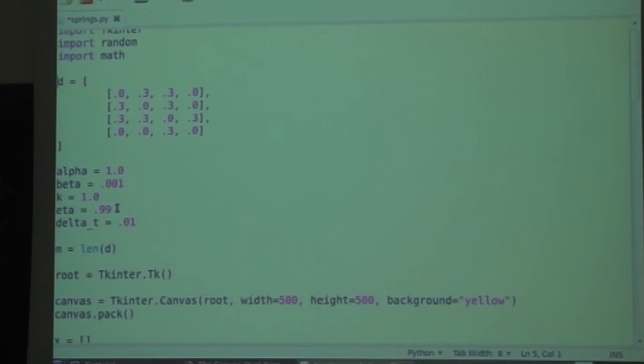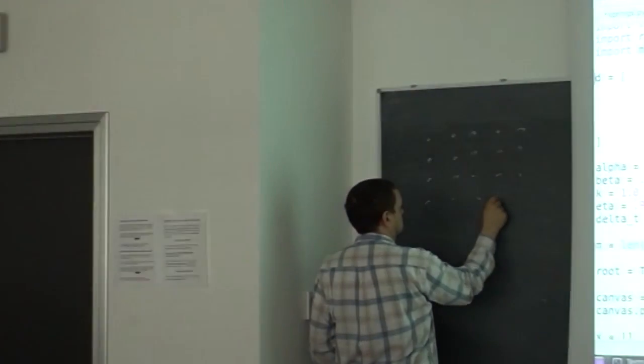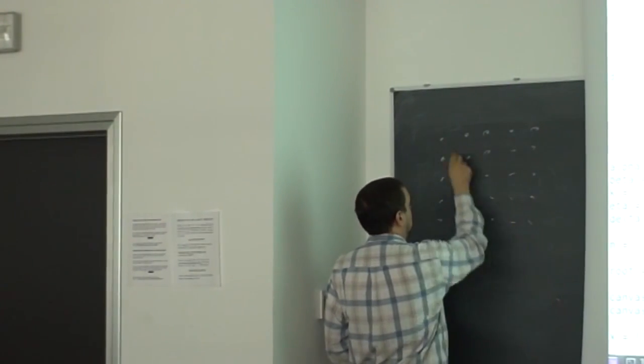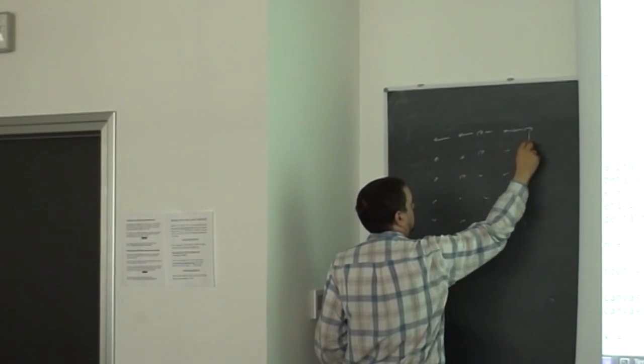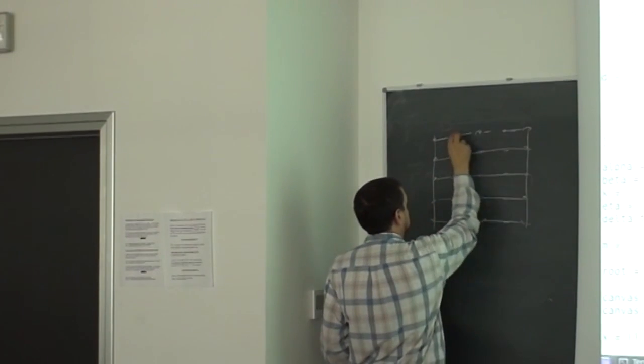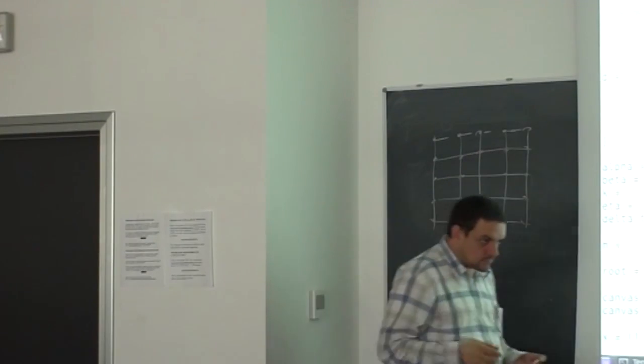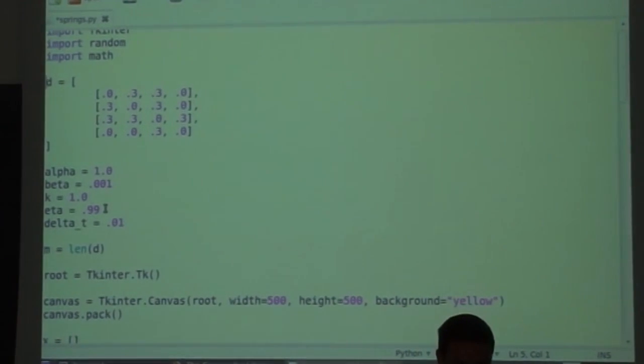So, I want 25 nodes connected by horizontal and vertical springs. Okay, so let's build the matrix, which will have 25 nodes in this case.